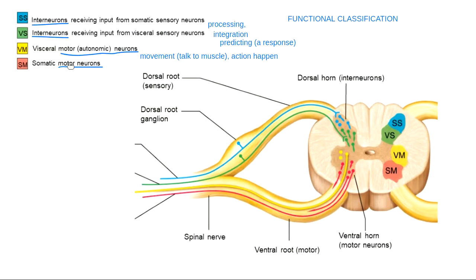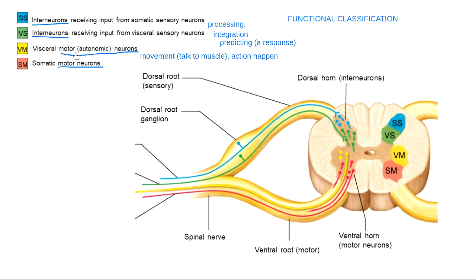Okay, so we've started by talking about the functional classifications, interneurons versus motor neurons. We talked about what those types of neurons do. We should mention, though, that there is one other functional classification of neurons that is missing from our list here. We did interneurons, we did motor neurons.